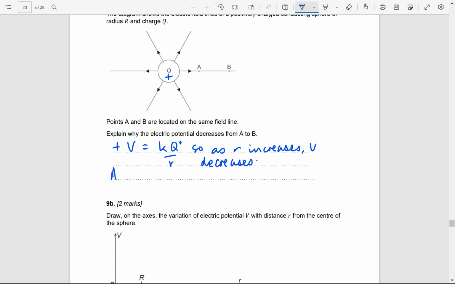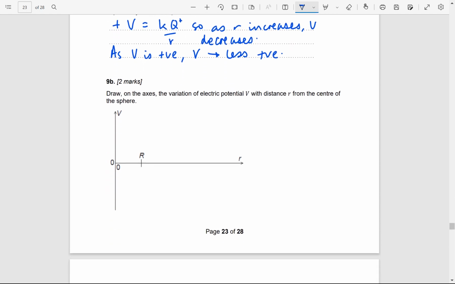That would be in the numbers, in the formula. But as V is positive because Q is positive, the V becomes less positive.